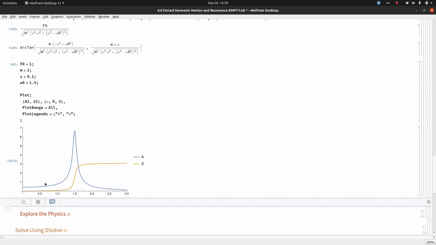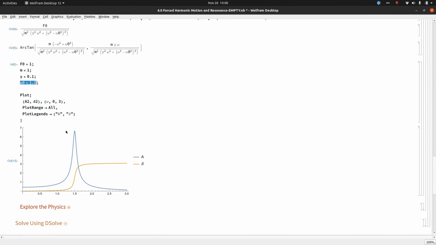You can see, just like we had with the original case, if your driving frequency is close to that resonance or natural frequency, in this case about 1.5, you've got a big peak.